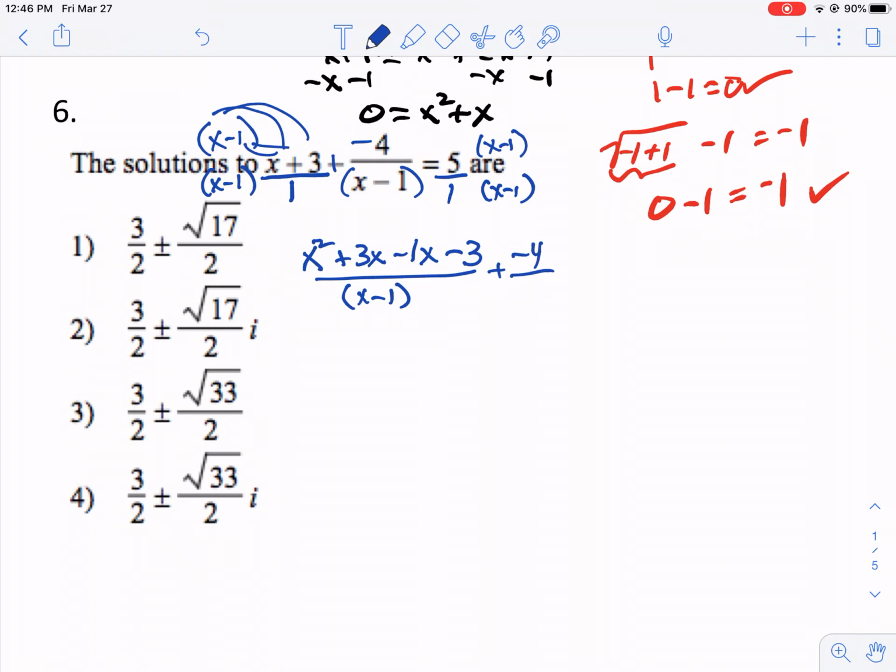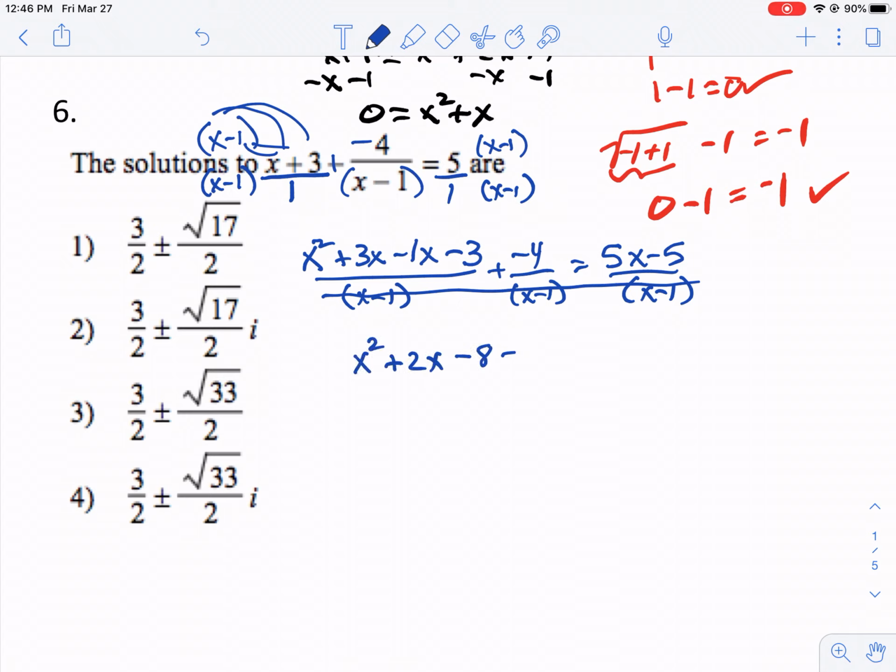Negative 4 stays the same. Distribute your 5. Denominators are the same, cross them off. Combine like terms, we get x squared plus 2x minus 8 equal to 5x minus 5.